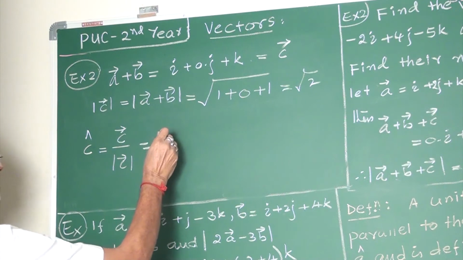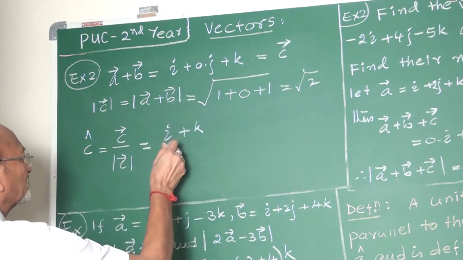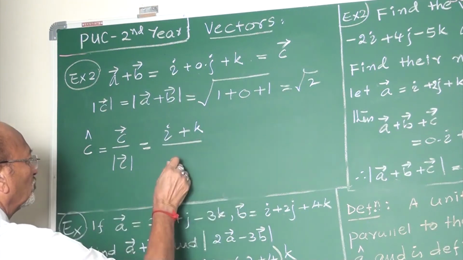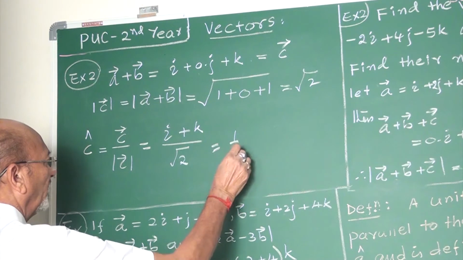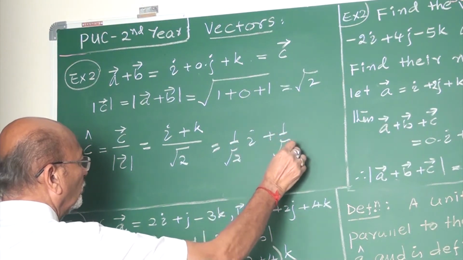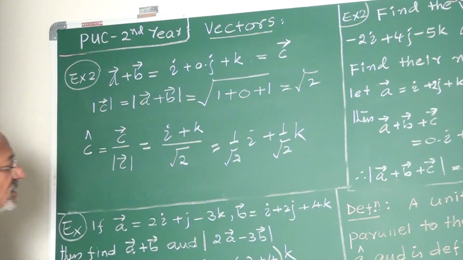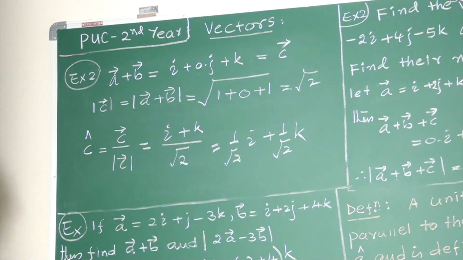What is it? It is i plus k. Denominator is what? Magnitude, root 2. So it can be written as 1 by root 2 into i plus 1 by root 2 into k. Otherwise, you can write in between 0 by root 2 into j, otherwise it is a 0, doesn't have any value. Okay, you can complete this. This is that second example, my friends.